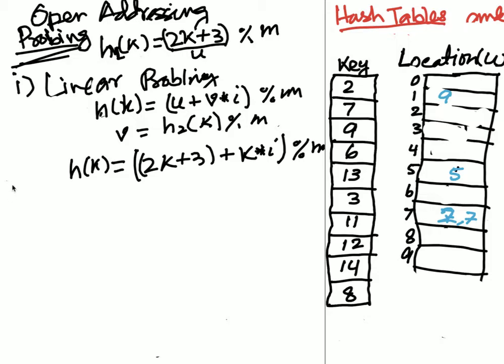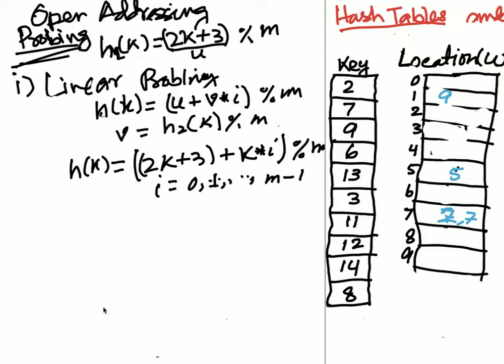So with this kind of modified hash function, our i value will be, remember, 0 up to less than m minus 1. For instance, if we consider m equal to 10, then i value will be 0, 1, 2, 3 up to 9.